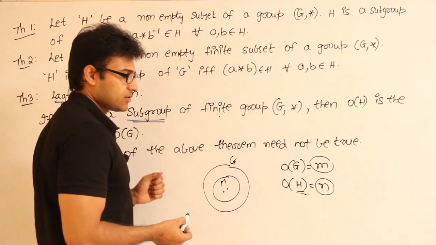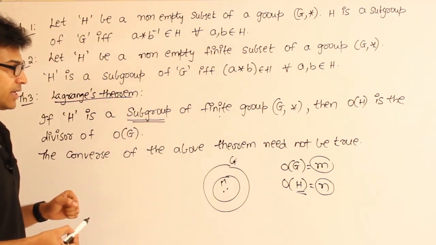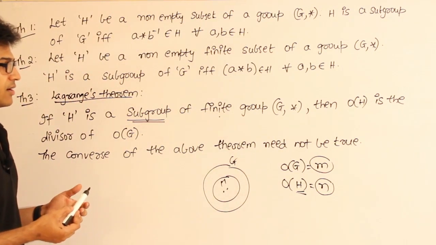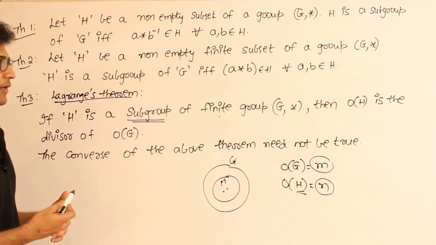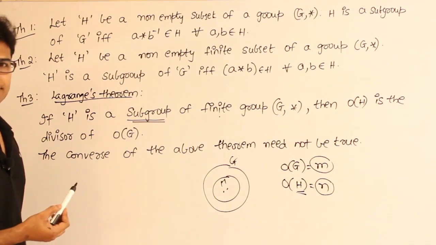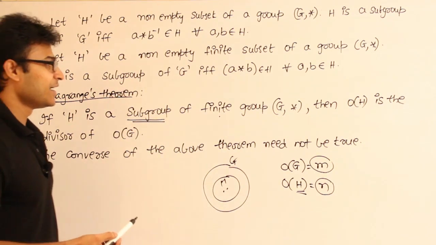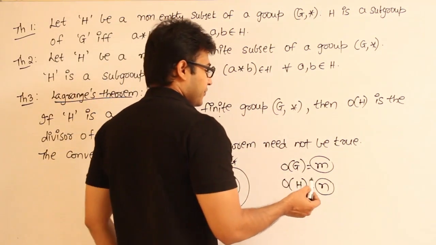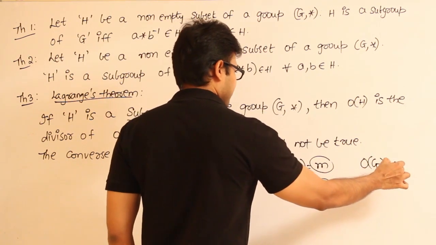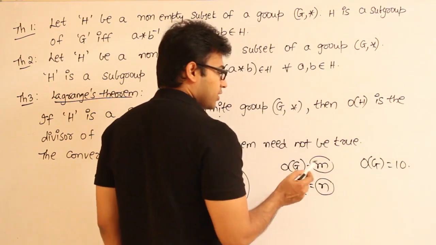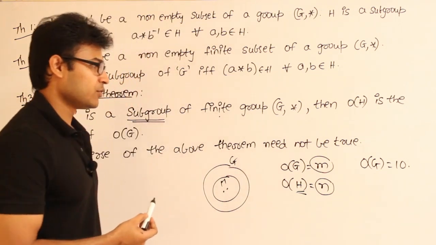So what is the advantage of this particular theorem is, we can straight away discard some of the subsets as they cannot be potential subgroups. You didn't understand it, right? Let me take an example. Now if a group is having 10 elements, then what are the possible sizes of the subgroups?